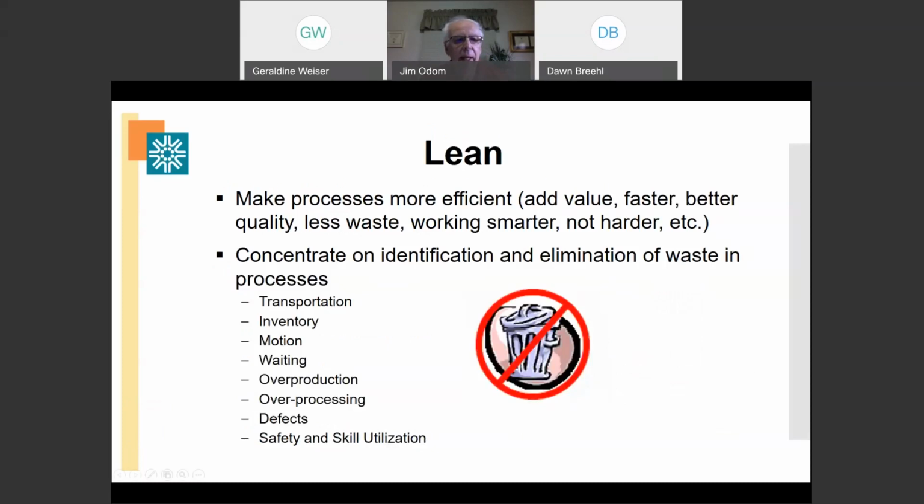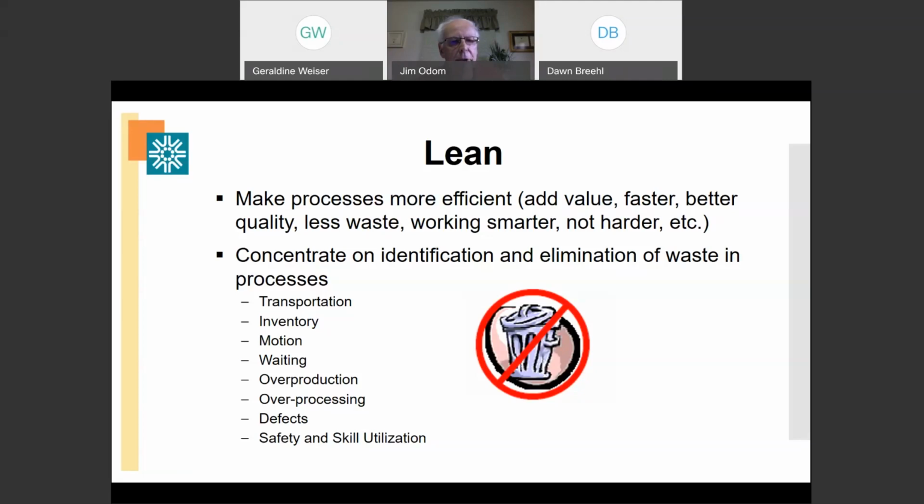All right, like I said, Lean is all about making our processes more efficient. Customers want consistency. They want to make sure that our processes add value, that we provide the best quality that we can with as little waste as possible. There's an old saying that we need to work smarter, not harder. That's what Lean does for you.